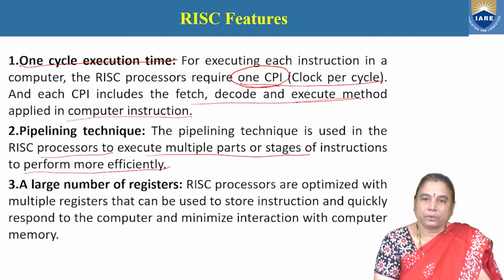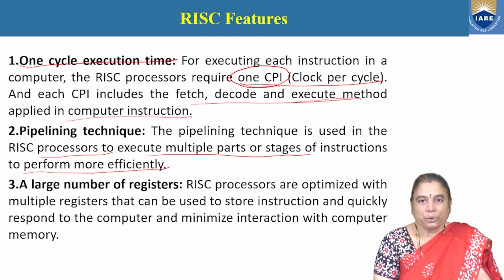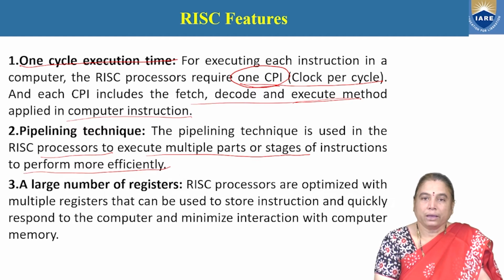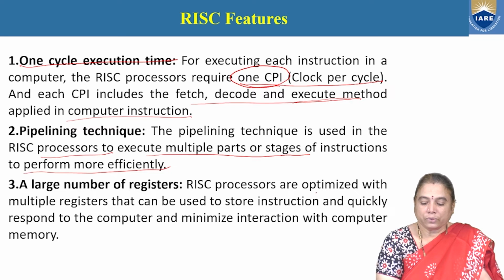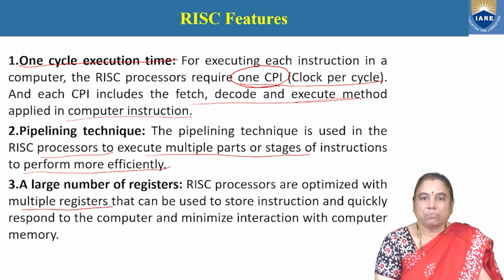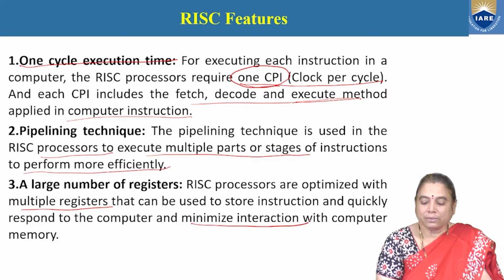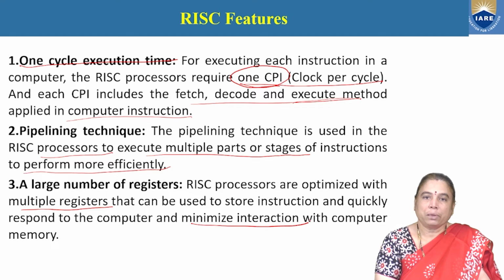Next, the third feature is a large number of registers. In order to increase the speed of processing, the storage registers on the CPU have to be great in number. RISC processors are optimized with multiple registers that can be used to store instructions, respond quickly to the computer and minimize the interaction with the computer memory.